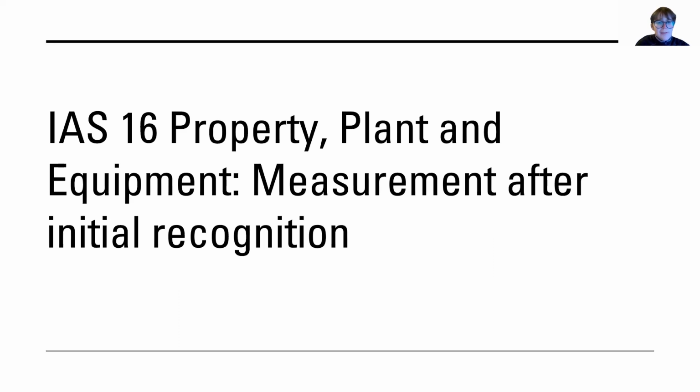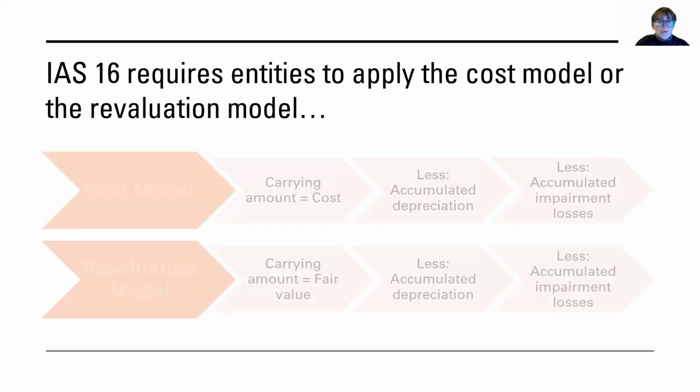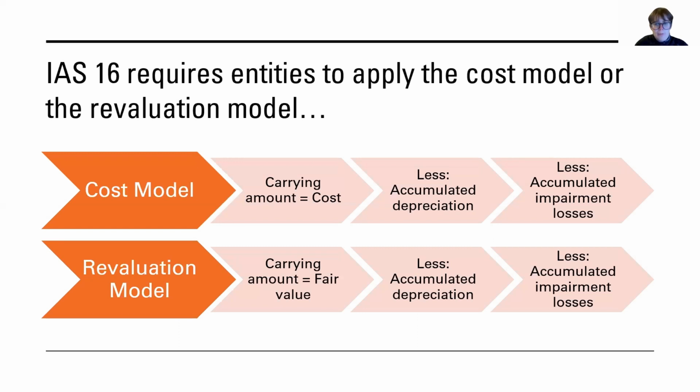So measurement after initial recognition then. So IAS 16 states that entities must apply the cost model or the revaluation model. So if entities follow the cost model, they would do the carrying amount as being equal to cost, deducting any accumulated depreciation and then deducting any accumulated impairment losses.